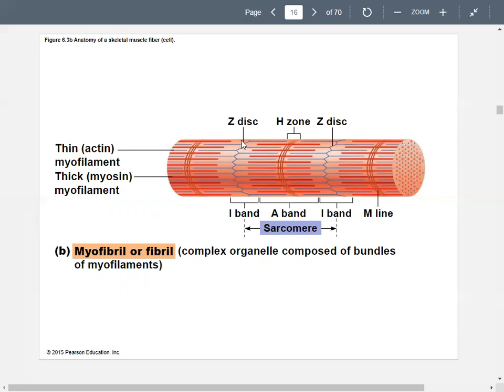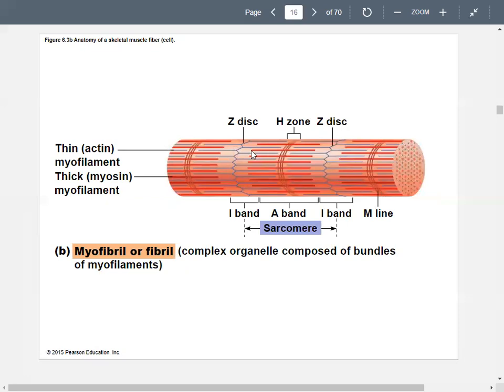Your H zone right here is in the middle of your thick filaments, right? In the middle of that H zone is the third line. You see the little third line in there in the middle? It's in the middle, so we call that the M line. The Z disc is in the middle of the thin filaments. Does that make sense?